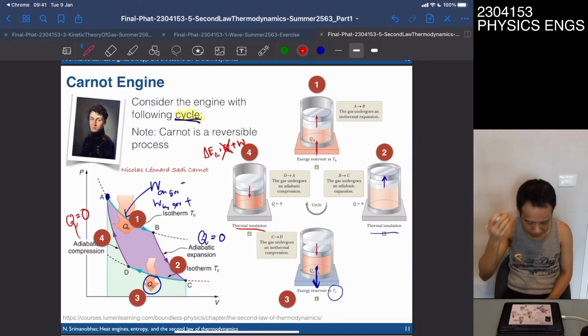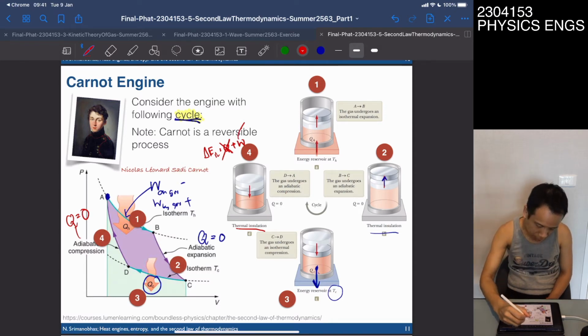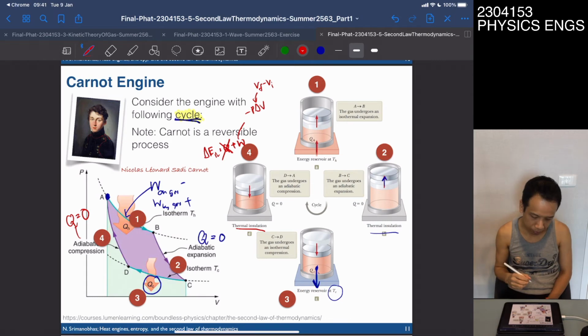So W is the integral of P dV, right? And we have Vf minus Vi. So if Vf is less than Vi, the work done needs to happen, and when the work done needs to happen, it means that it takes from the internal energies, okay.